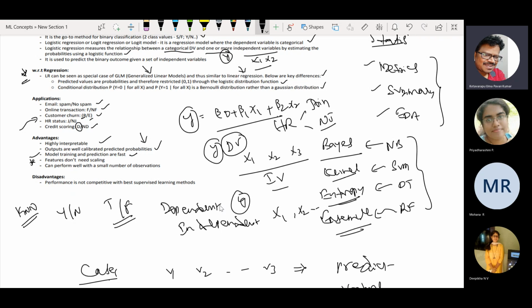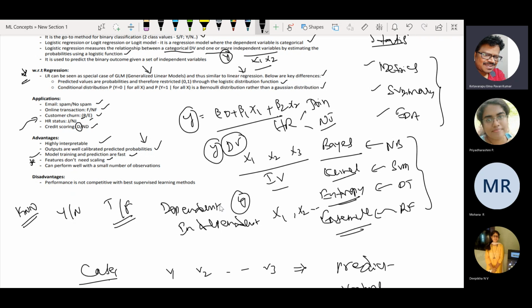Actually, features don't need to be scaled, but still we are scaling some of the features, guys. Maybe their thought process is like this: however, we are using the probabilities, so we need not depend on the values of the corresponding features, so that we cannot take that into consideration.